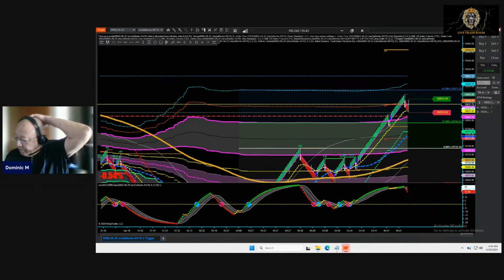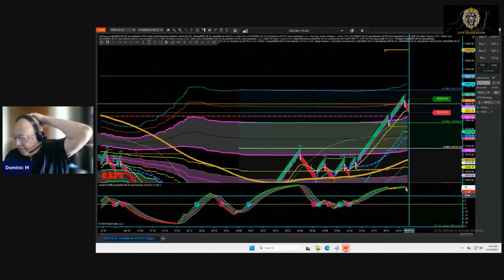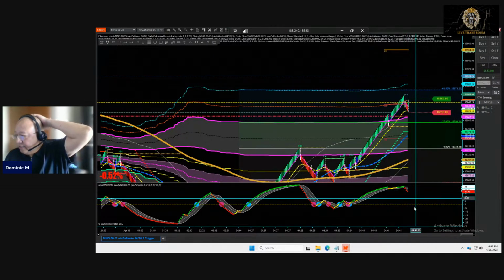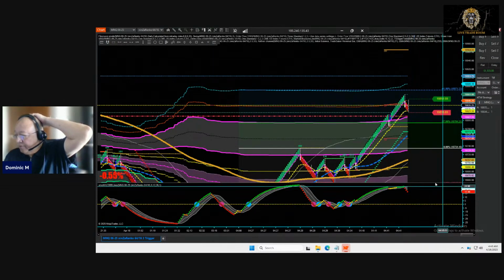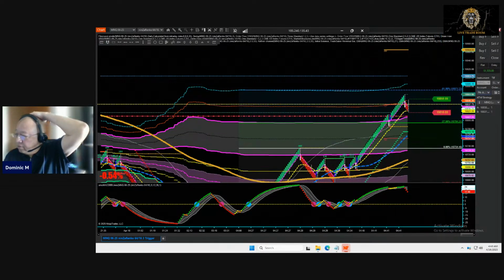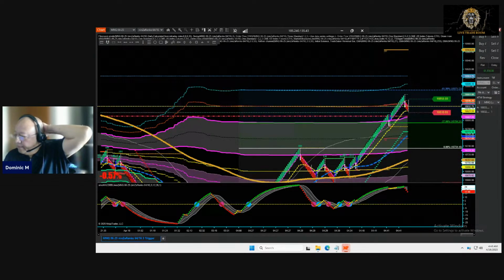Don't like this. See, the momentum here is going down, we're going down here on the MACD. But the thing is, we're still well above the zero line. Yeah, I'm gonna leave it right there.